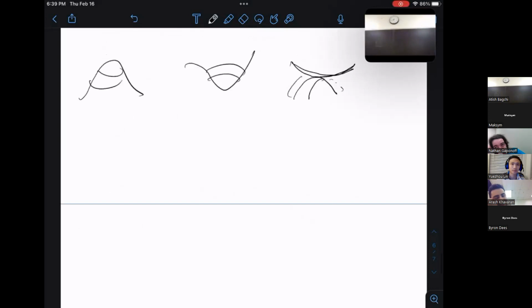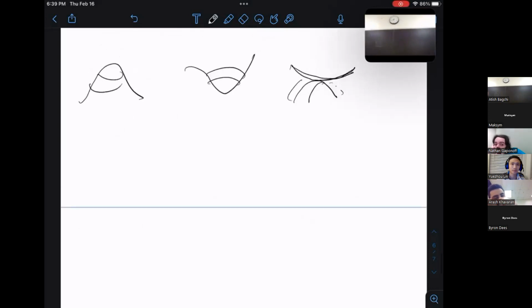But these are all isolated extrema. You could also have this sort of situation. This is a bowl with a bump at the bottom.